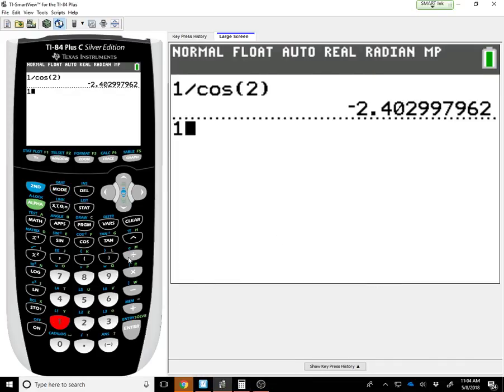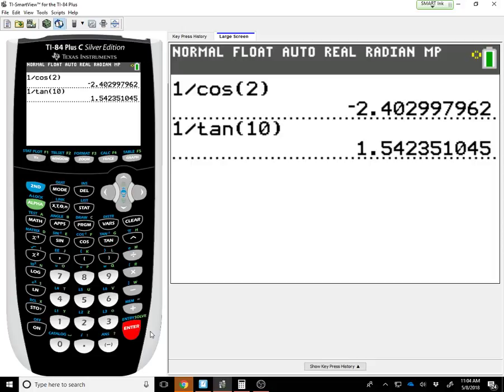So this should be 1 divided by tangent. Tangent, nice. Tan 10? 1.5423? I didn't get that. Are you in radians? Check up here. You are not. All you have to do is go switch it to degrees and push enter one more time. You don't even have to retype it.